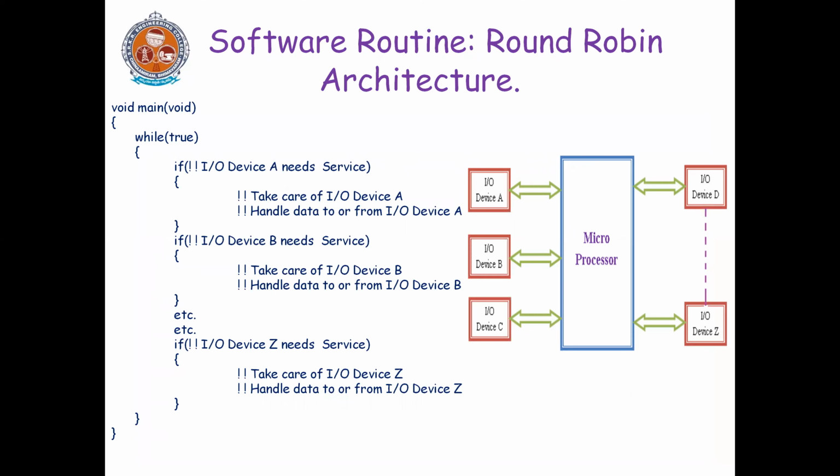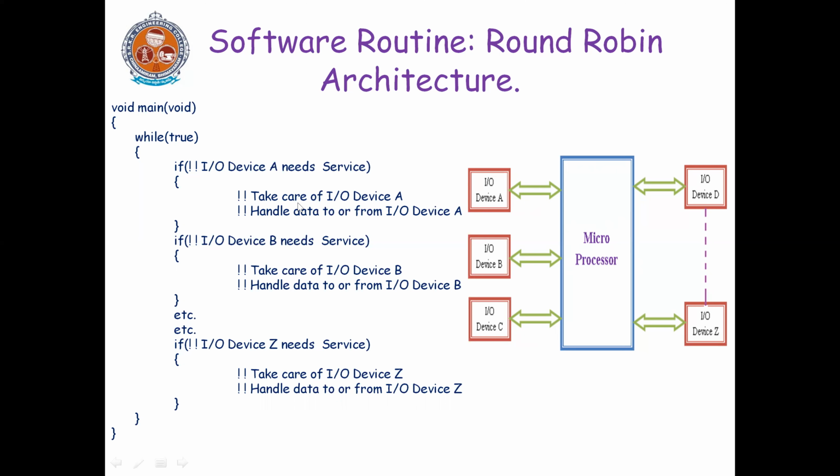Now consider the software routine for the round robin architecture. We just have a main loop. In this example, we have devices A, B, C up to Z, so it has to provide services to all 26 IO devices.